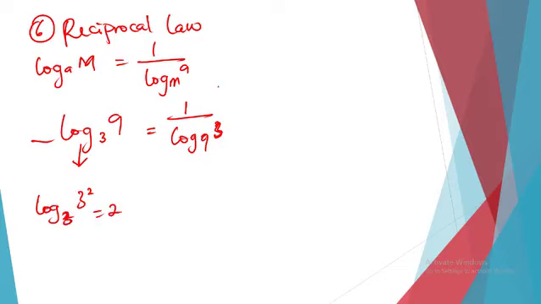Is that correct? But if we're dealing with 1 over log 3 base 9, we have our results to be 1 over log 9 to the power 1 over 2, base 9. You know, when we have 9 to the power 1 over 2, fractional law of index, it simply means square root of 9. Is that correct? Which will give us what? 3.